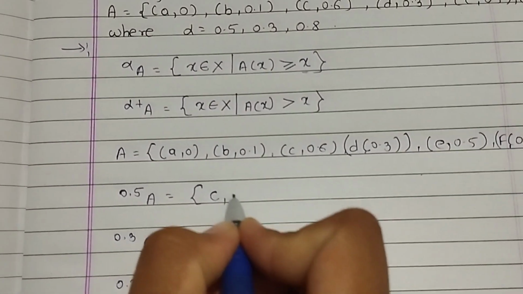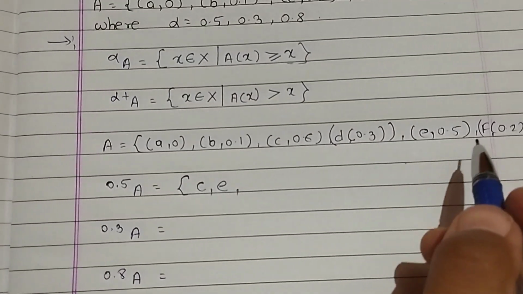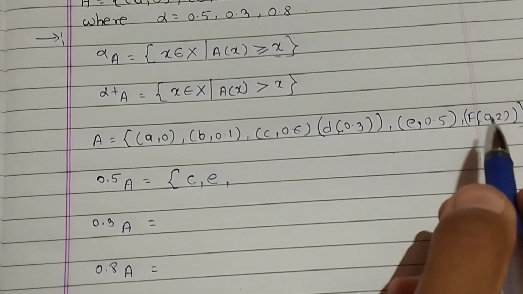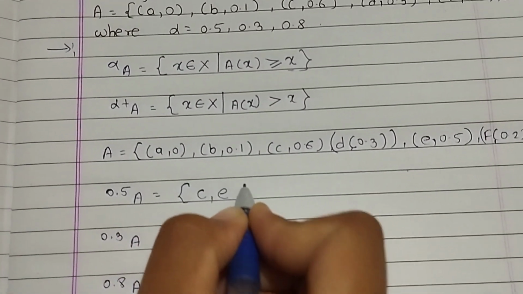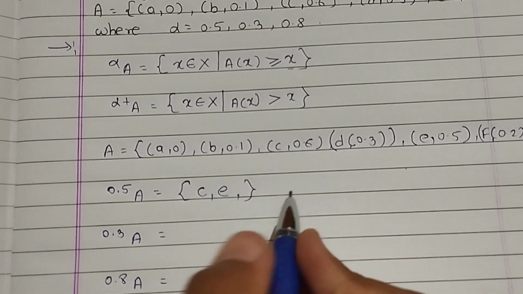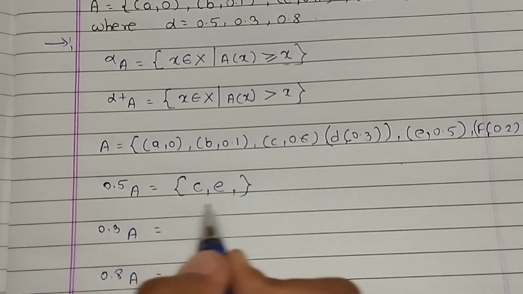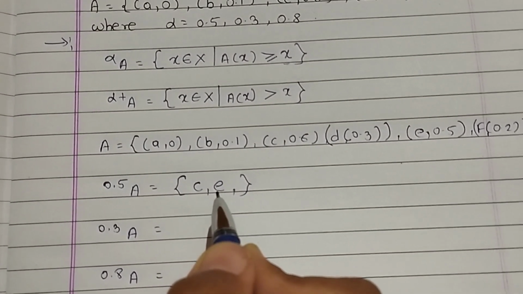Yes. So again we write here E. Now we move. Is 0.2 greater than or equal to 0.5? No. So here our alpha cut set is finished. So our alpha cut set is C and E, only two elements.